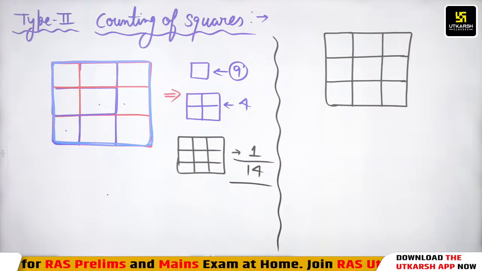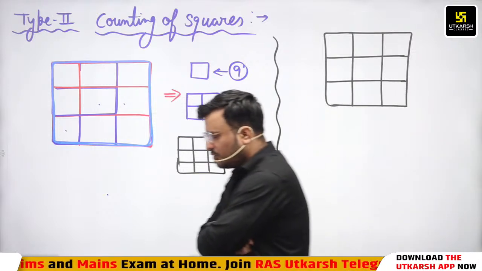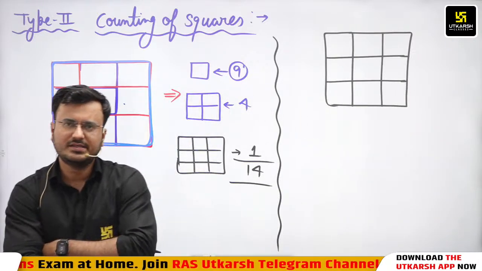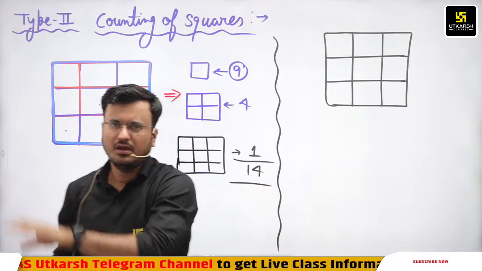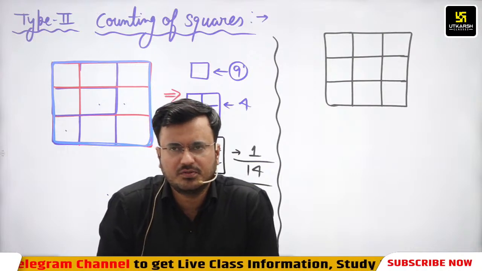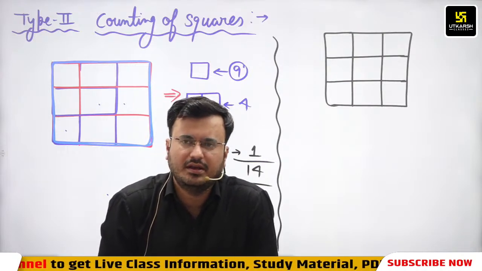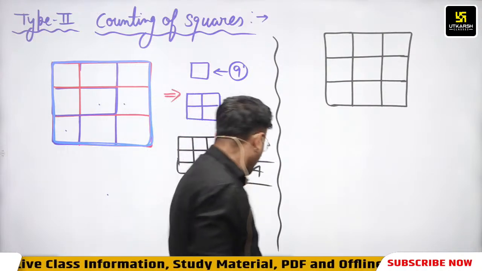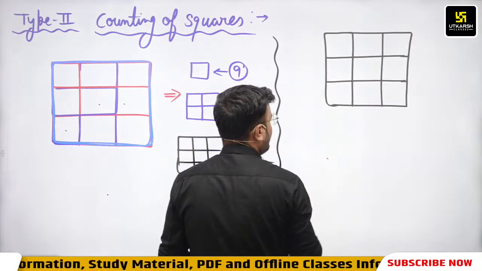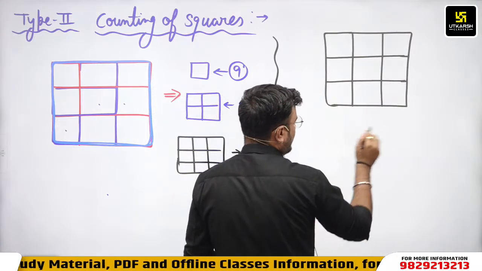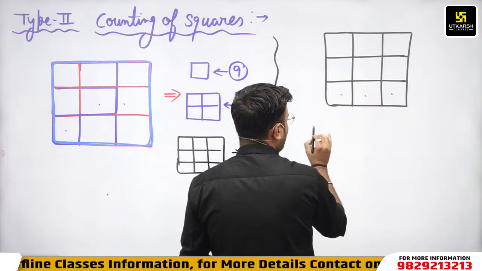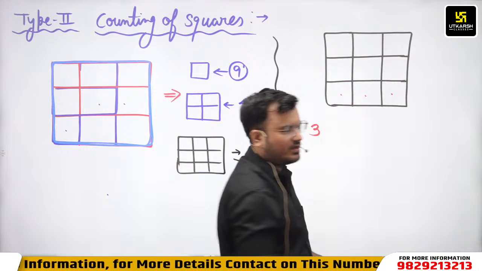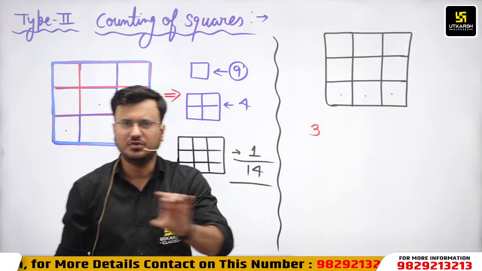What we need to do is check how many small squares are there in a horizontal line and how many small squares are there in a vertical line. If you consider the number of smallest squares in a horizontal line, you can see 1, 2 and 3. So total 3 smallest squares are arranged in a horizontal line.